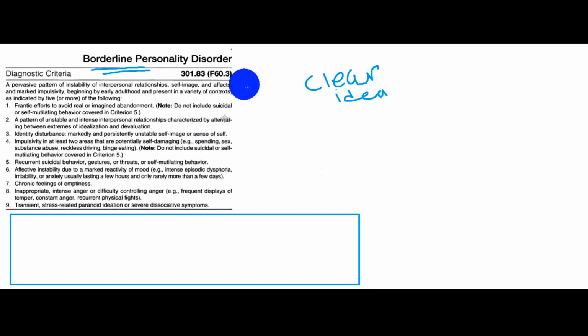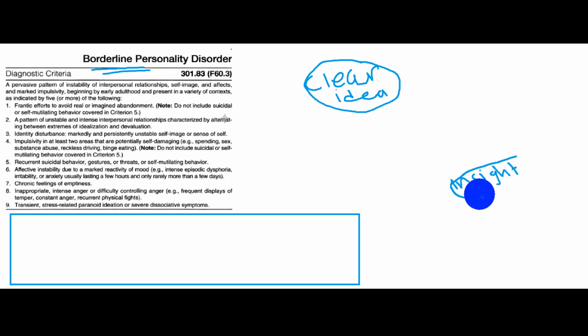And I want to read these criteria for you and try to explain them in a way that gives you a clear understanding, because that not just helps you understand the condition, but it also helps you reach insight. The importance of insight is tremendous, but I'm not going to go through this in this video. I'm going to go through it in next videos. But insight is the most important thing that you have to reach in borderline. I'll come to that later.